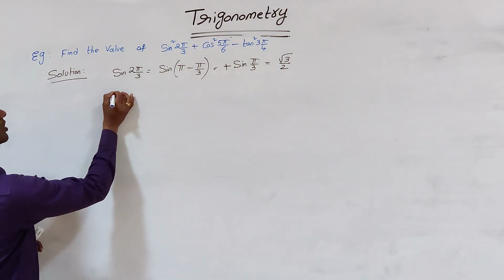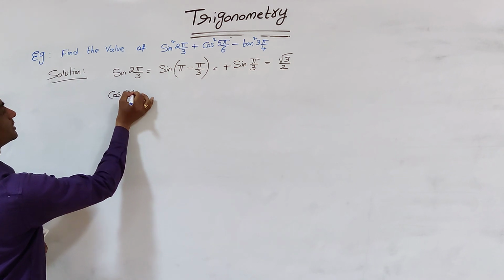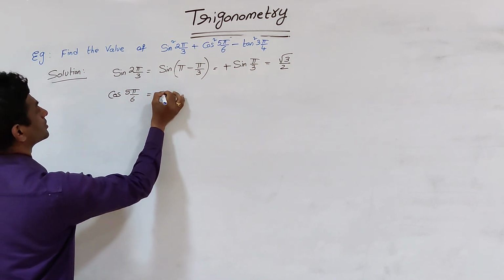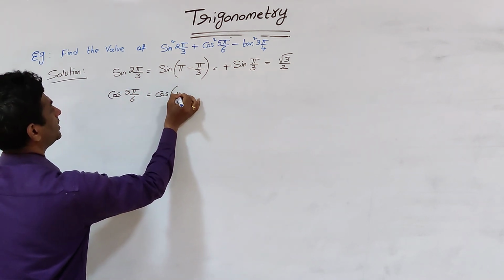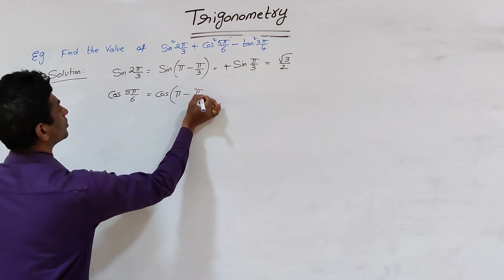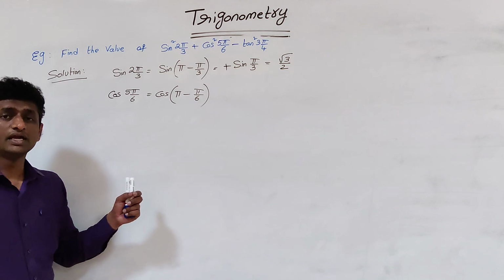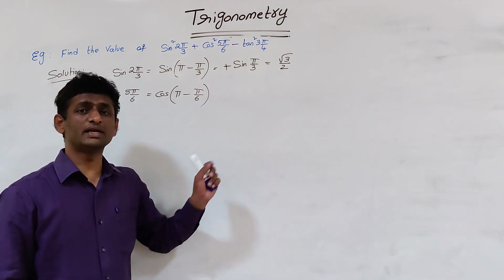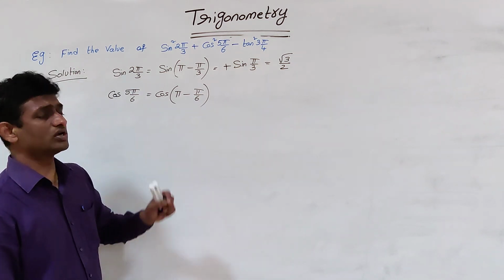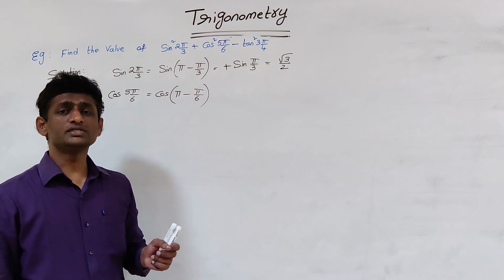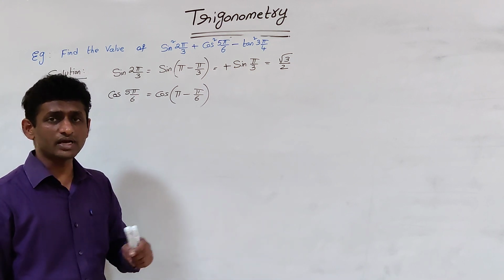Next, coming to cos 5 pi by 6. That is cos of pi minus pi by 6, since 5 pi by 6 can be written as pi minus pi by 6. Again, it is in cos of 180 minus theta form. Cos of 180 minus theta is minus cos theta. Why?